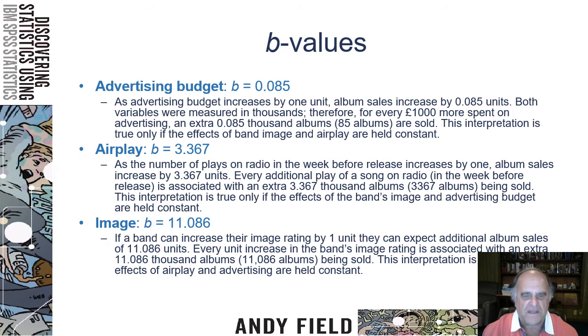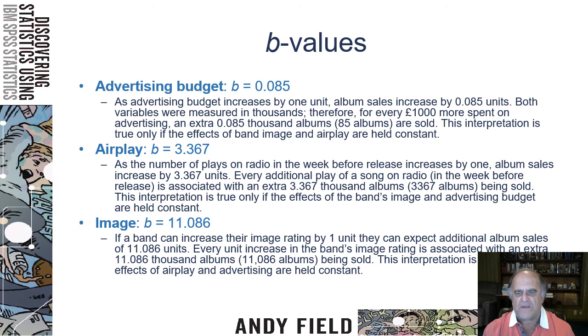And then there's the band image. I should say what the B value is first. So again, the B value for image was 11.086. If a band can increase their image rating by 1 unit, they can expect additional album sales of 11.086 units.